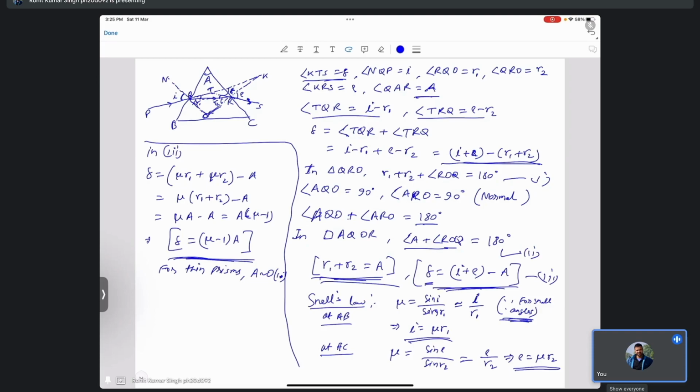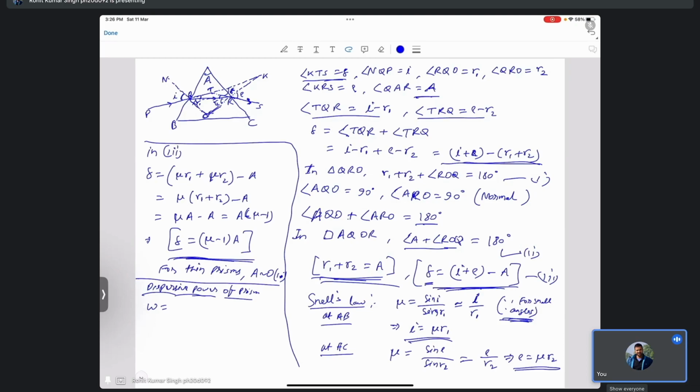And the formula for dispersive power of a prism, right? Do you know dispersive power of a prism? I discussed this in my last lecture also. Dispersive power of a prism is simply how well it can disperse the different frequencies or wavelengths of light which are going through it.